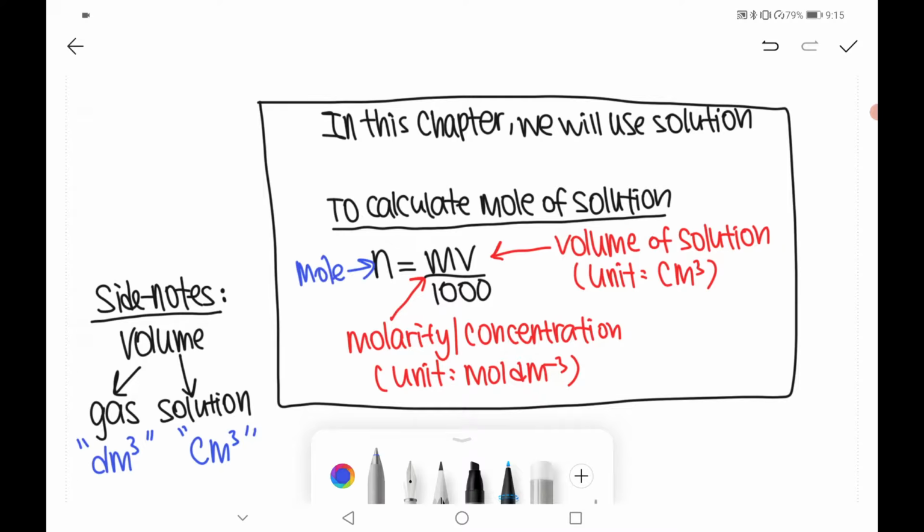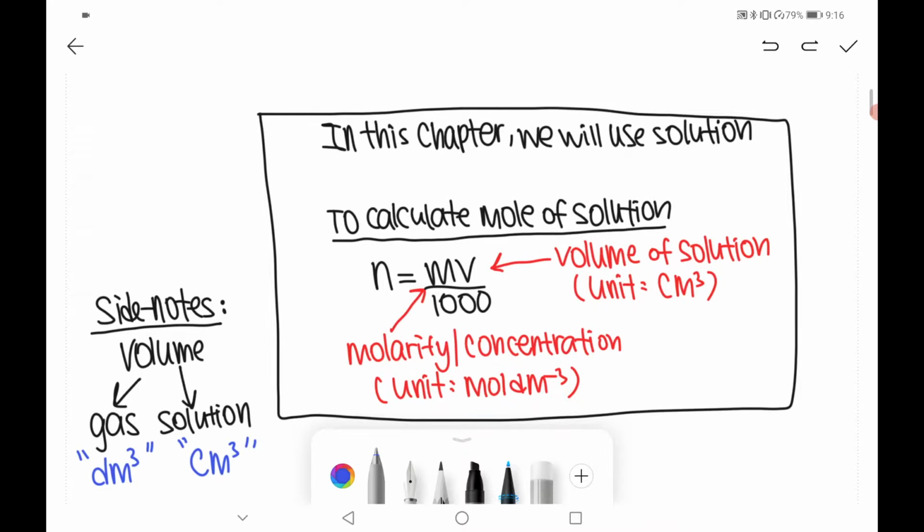The big M here is something we call molarity, and sometimes it can also be called concentration. The unit for molarity is mol per dm cube. You need to know the unit.